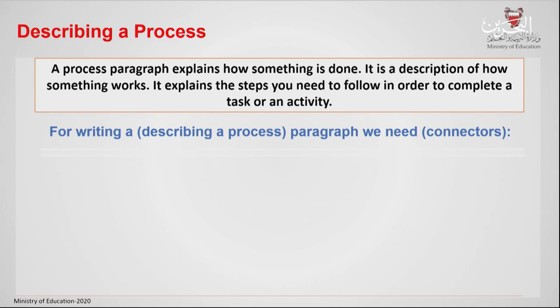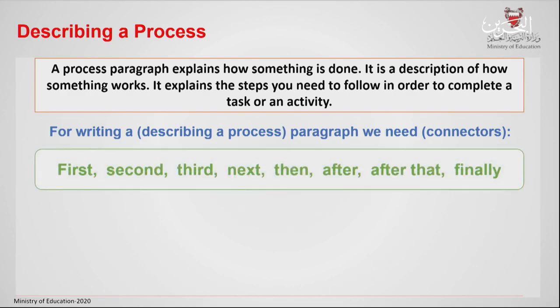Okay, if you want to start writing a process paragraph, you should consider 2 things. Number 1, you need to write connectors. What are the connectors? As you see in this box: first, second, third, next, then, after that, finally. These are some examples of connectors that you can write in your process paragraph.